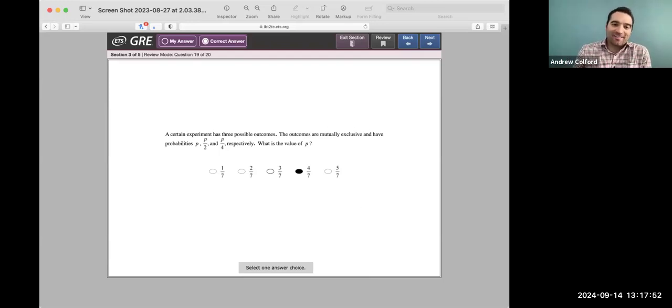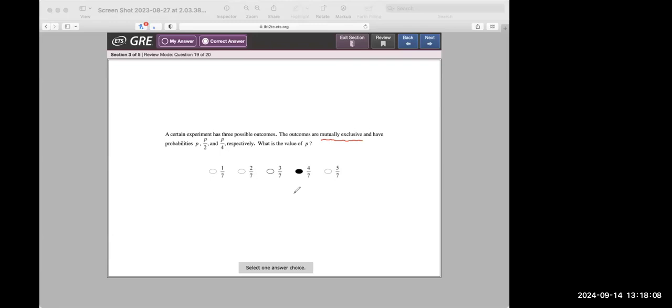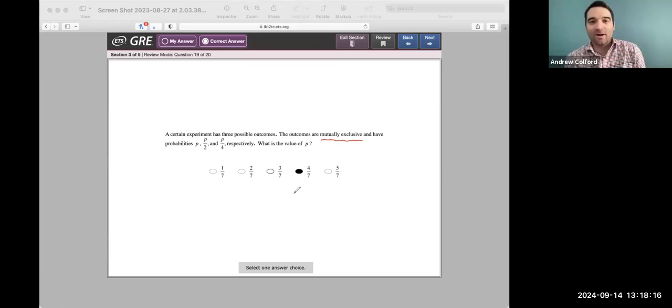Okay, so this problem comes down to this idea of mutual exclusivity. Jania, how would you define mutually exclusive? When two events are mutually exclusive, that means that they cannot happen at the same time. Exactly. Let's do a concrete example.